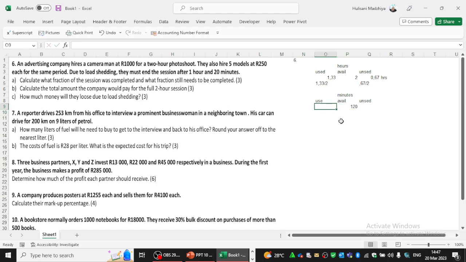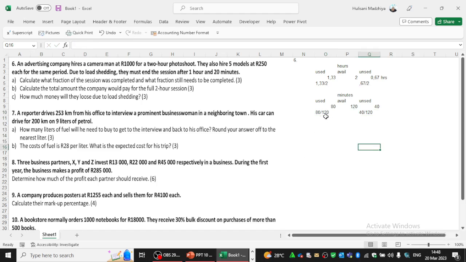For used, we have used 1 hour 20 minutes, and an hour is 60 minutes, so 60 plus 20 gives 80 minutes. The unused will be 120 minus 80, giving us 40. Therefore the fraction used is 80 over 120, and for unused, 40 out of 120.